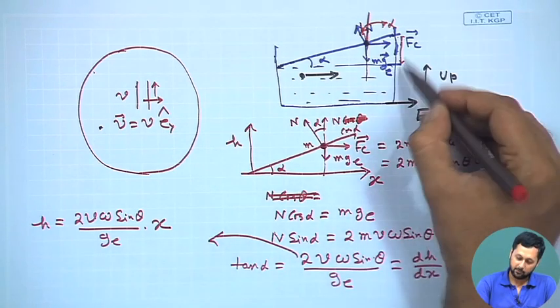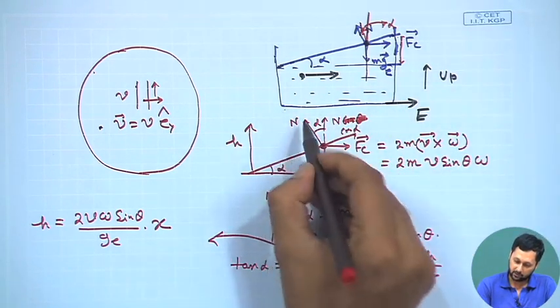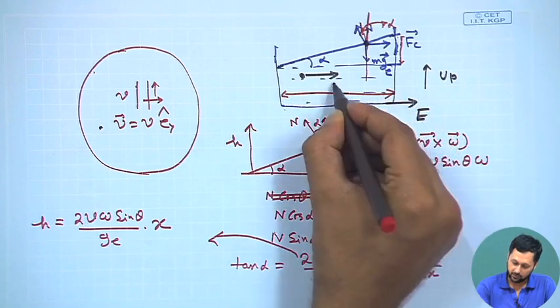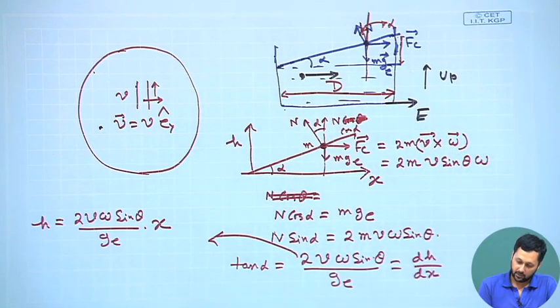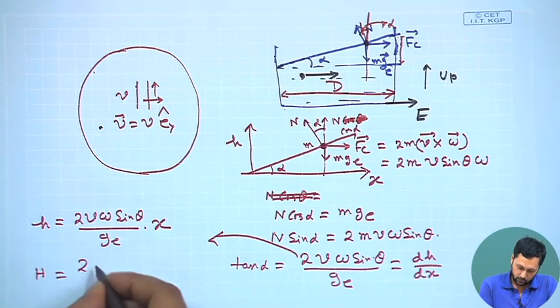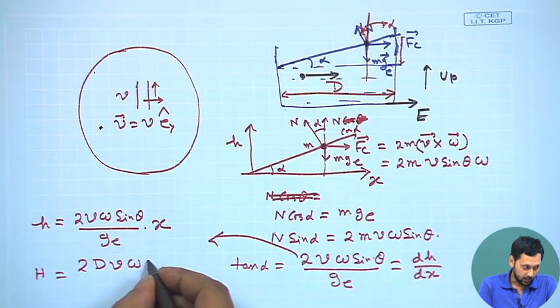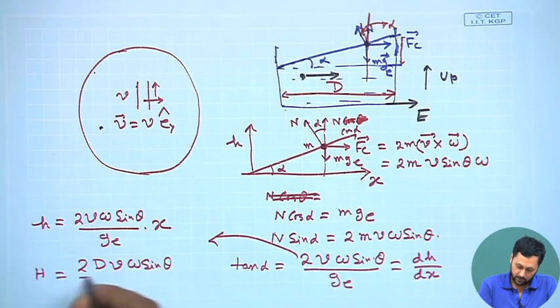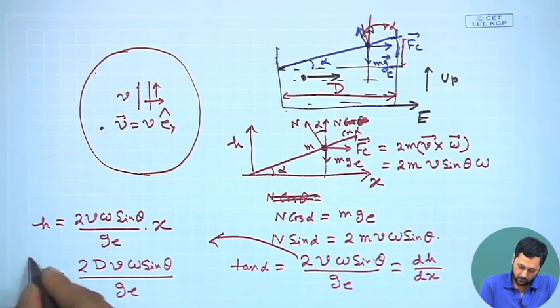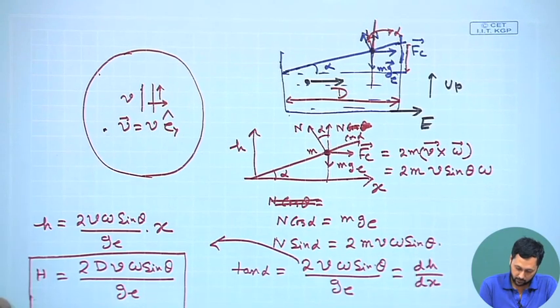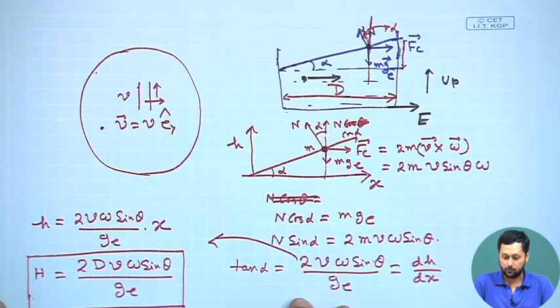For the maximum height, we put x equal to d, which is the width of the river. So, h will simply be 2 d v omega sin theta by g. This is the final expression which we were looking for.